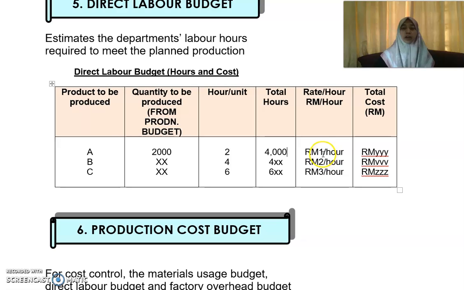So how much are you paying per hour? If you are paying, let's say, 1 ringgit per hour, just taking a small figure, that will be 4,000 times 1. That will be 4,000 ringgit as your total cost for labor. So as simple as that. If you have 3 different products, you do the same thing and then you total all your costs. That will be your total direct labor budget.